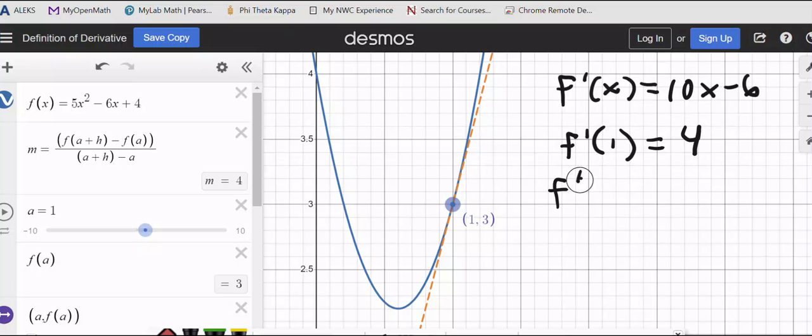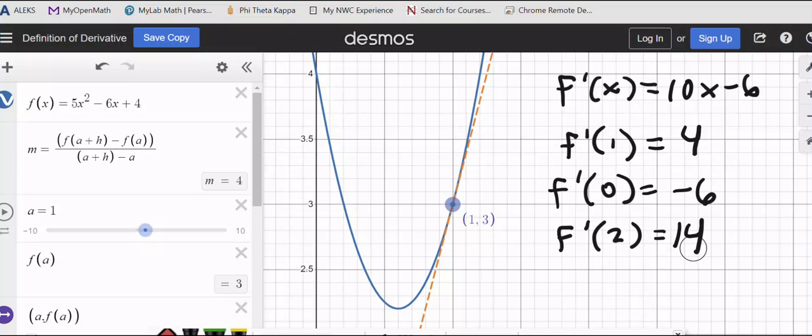Do a couple other ones here. So let's say if we plug in 0, we should get a slope of negative 6, right? 0 minus 6. If we plug in, let's say 2, we should get a slope of 20 minus 6 or 14. So really steep. So let's move our point and just see if that works.